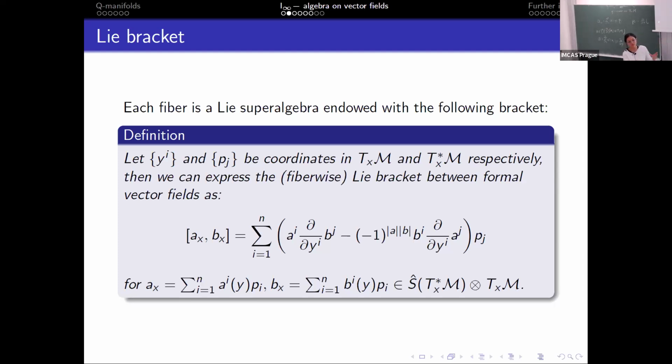So you will get 0 because you are independent of this y coordinate. How are you embedding TM sections? I'm just taking the coefficient dependent on x, on the base coordinate, and I have the term pi here. So it doesn't have any y.